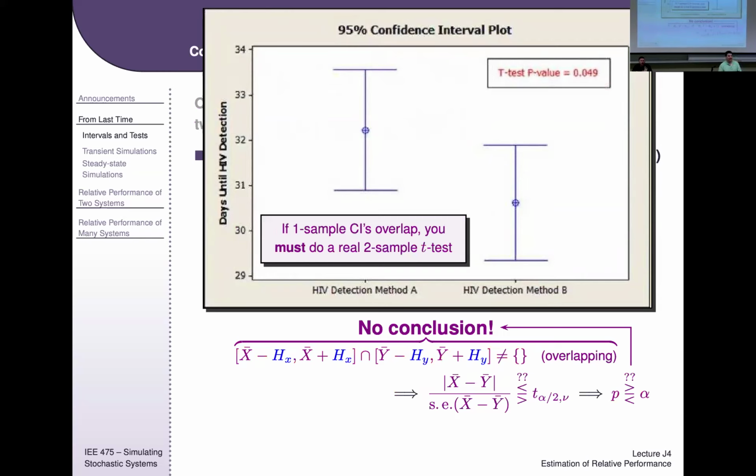So just because they overlap doesn't mean they're not significantly different. It doesn't tell you anything. If they don't overlap, then for sure they're significantly different. But if they do overlap, you have no idea either way. And that's what I'm just driving home here. That's why that is a significant p-value, even though these overlap.